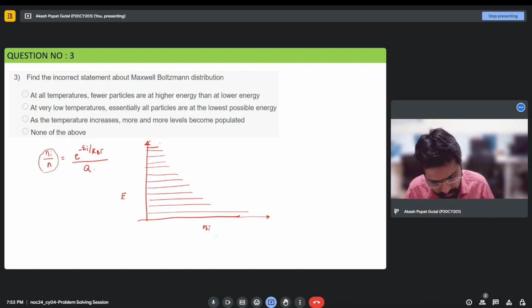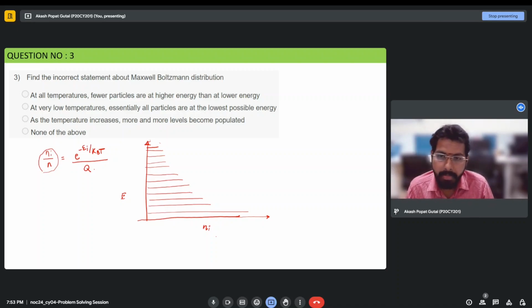This will be more at lower energy and will be reduced exponentially as we go to higher and higher energy levels. But this equation also has temperature.